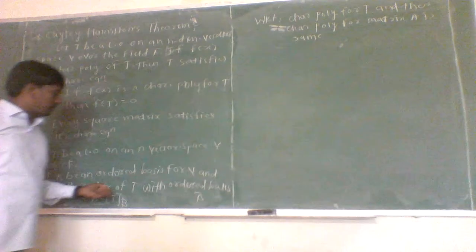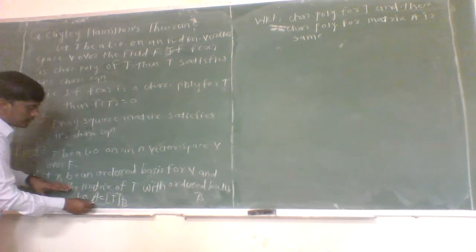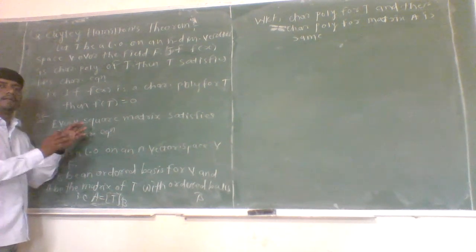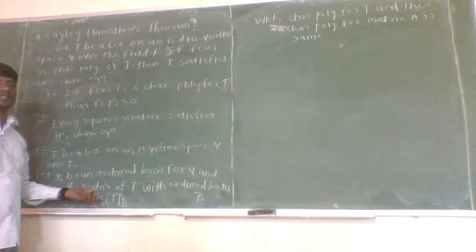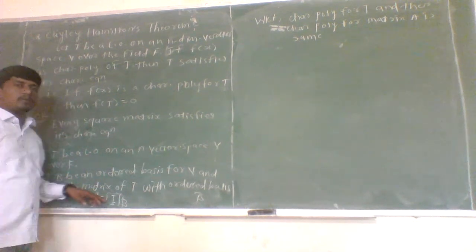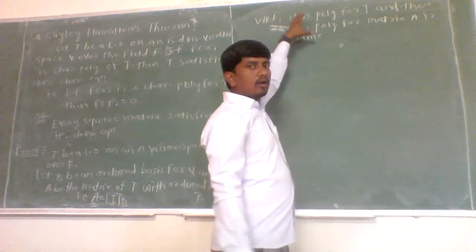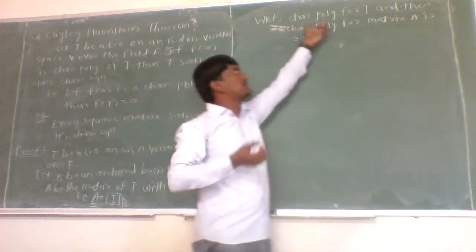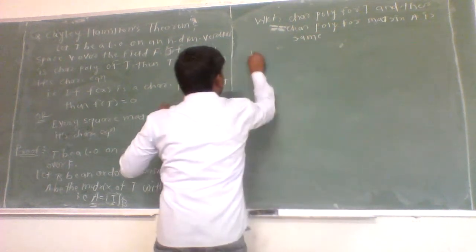Since A is the matrix of T with respect to ordered basis B, the minimal polynomial, characteristic polynomial, determinant and trace of matrix A are equal to those of linear operator T. As V is an n-dimensional vector space over the field F, A is a square matrix of order n.